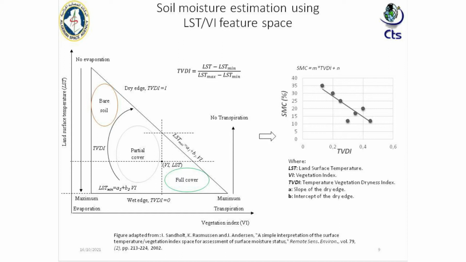And if we plot a surface temperature as a function of any vegetation index, we will get this triangular shape, with the hypotenuse of this triangle representing the dry edge, which means any pixels close to this edge have very low soil moisture content values, and any pixels close to the wet edge actually have high soil moisture content values.